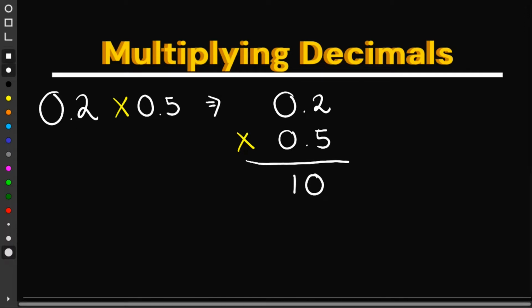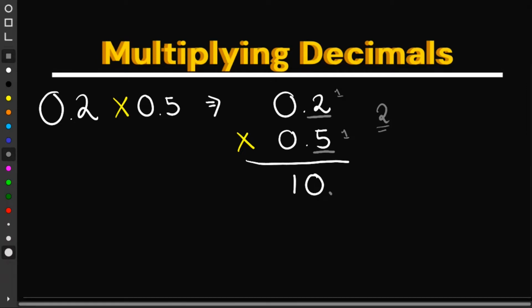In terms of the decimal, what we do is we move decimal places from over here to the left, depending on how many decimal places there are combined in the two numbers. So for this one, we have 1, and for this one, we also have 1. So we have 2 decimal places combined for the two numbers.